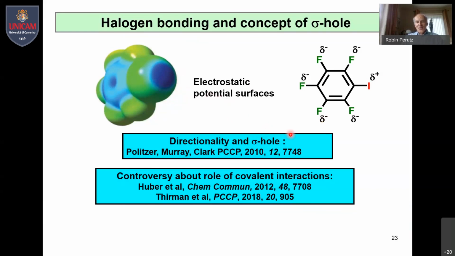This is called the sigma hole. This is one theory of how halogen bonds work, developed particularly by Politzer. There's still controversy about the role of covalent interactions here, and you can read more about that if you want to. I'm not going to talk about the theory today.